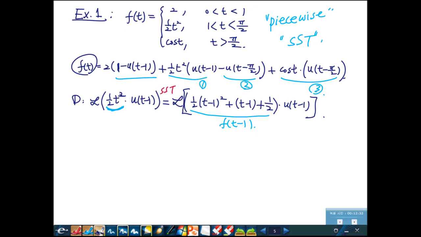And then the calculation is this. So we get e to the minus s times the transform of the original function t squared, right? So t squared is this: 1 over s cubed plus 1 over s squared plus 1 over 2s, since we have 1/2 there, right?